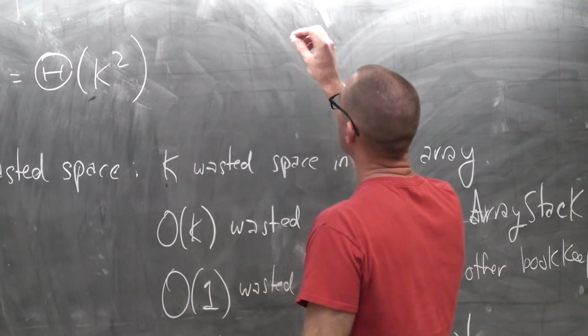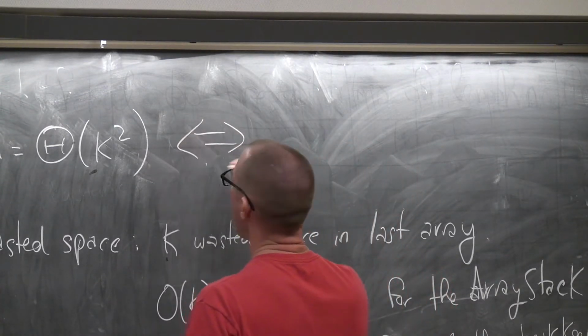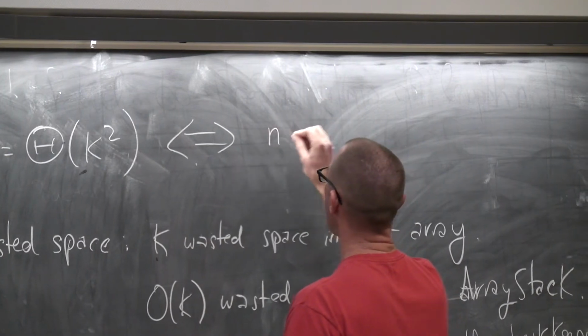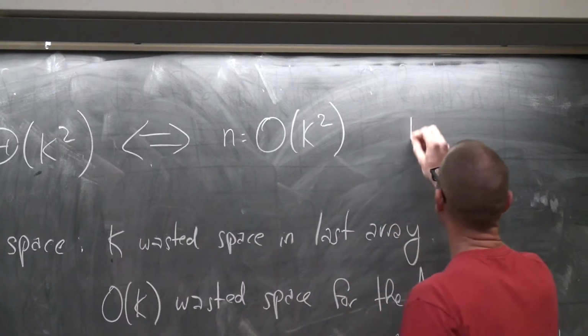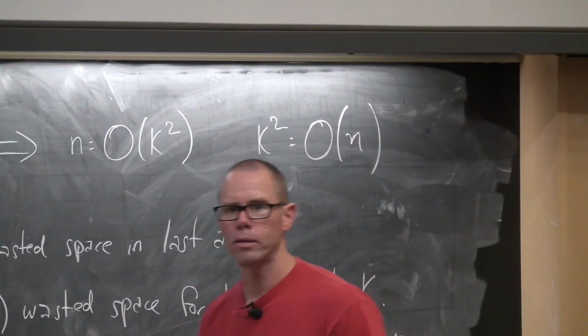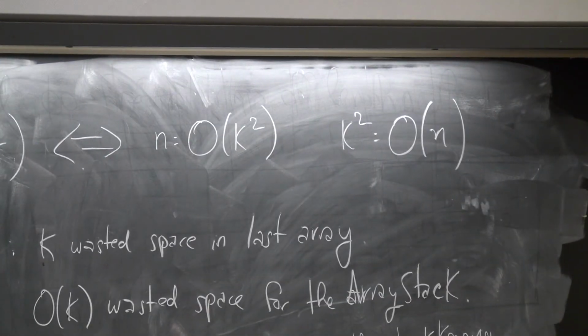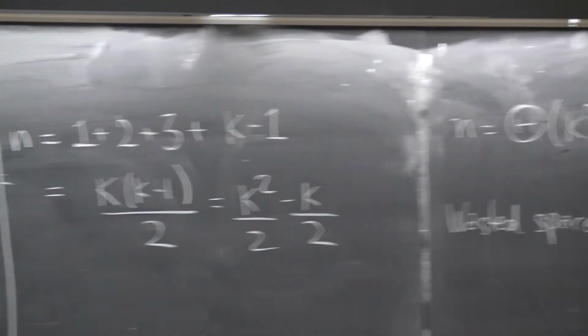Yep. What does that theta stand for? Theta, in this case, we can say this is the same thing as saying n is O of k squared, and k squared is O of n. So big O notation, people usually forget, only provides an upper bound on the thing on the left-hand side.